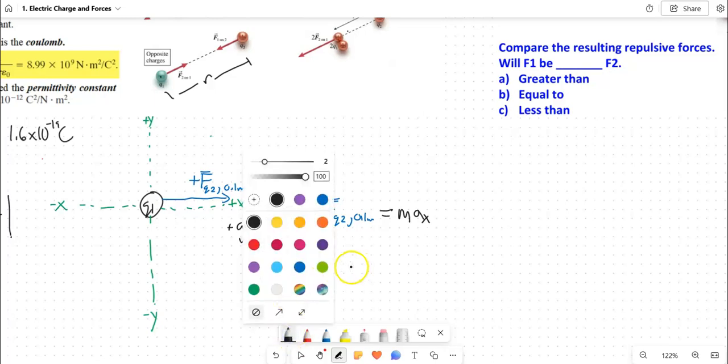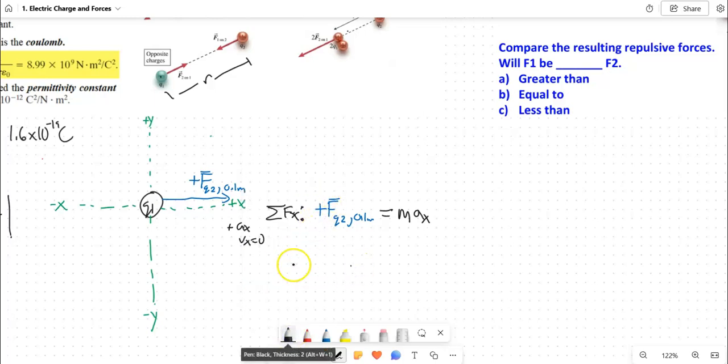All right? So the next line that we're going to do is we're going to go ahead and go, it's got a force to the right. Then we're going to put our Q1 at the center here. That goes first. And then we have the electric field due to Q2. And that charge is a distance 0.1 meters away.